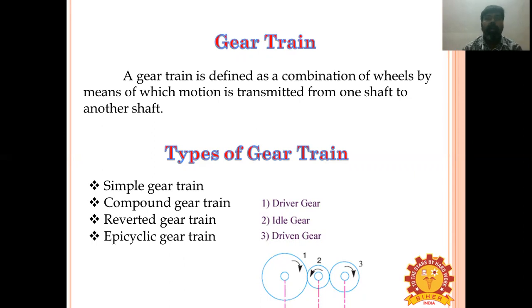A gear train may consist of spur, helical, and spiral gears. Coming to the classification of gear trains, normally it is classified into four types: the simple gear train, compound gear train, reverted gear train, and the last one is the epicyclic gear train.